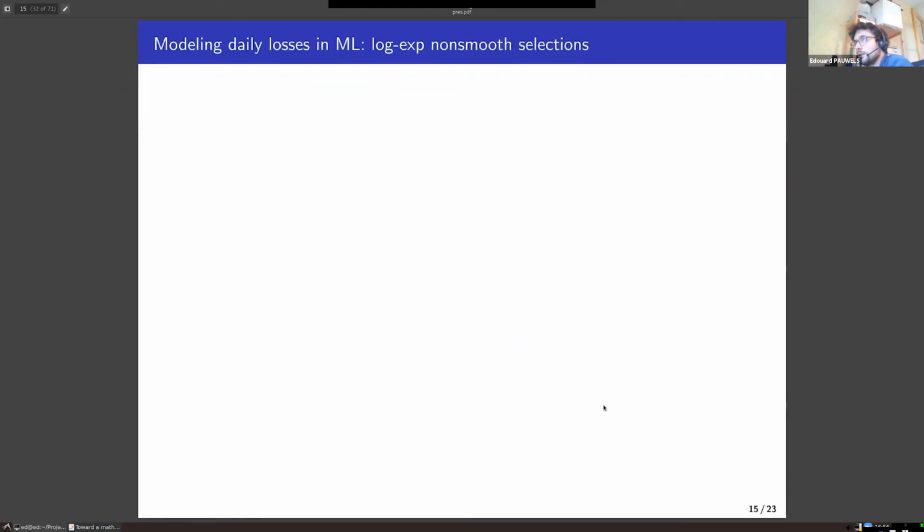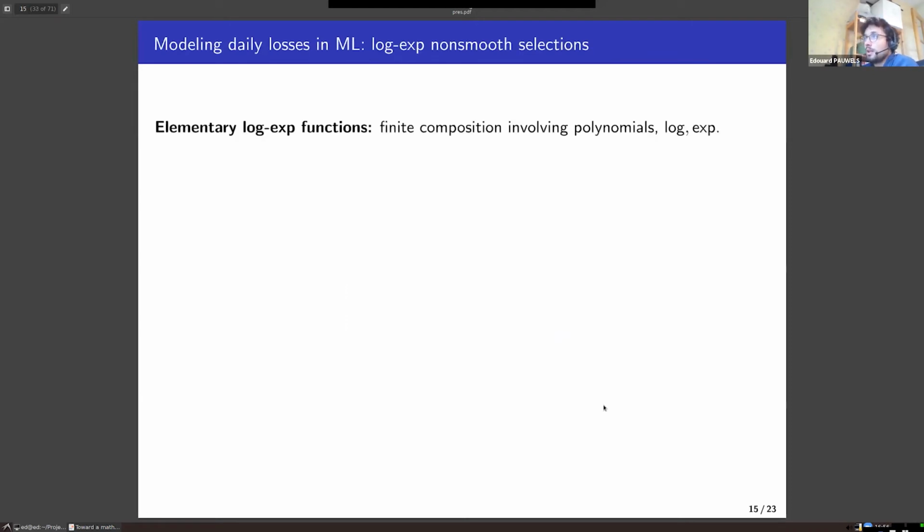First, let's give a mathematical model for algorithmic differentiation. To build this model, we will need some elementary functions. I call them elementary log-exp functions. Those are the nice functions, okay? We choose nice functions to be defined on a full Euclidean domain by, let's say, a compositional formula which involves polynomials, logarithms, and exponentials.